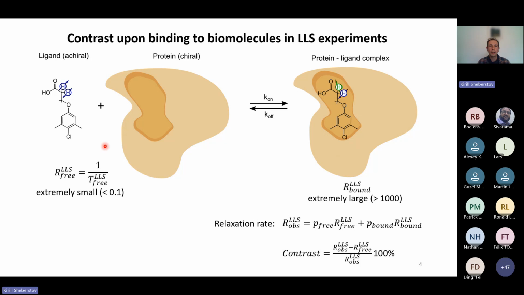So by observing a free ligand, one may detect a significant change in its relaxation rate, even if the population of the bound form is very small compared to the concentration of the free ligand, providing a very good contrast.